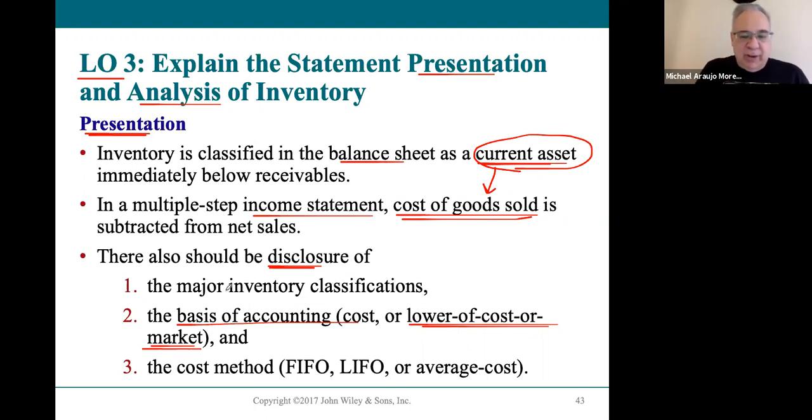For merchandisers, it's relatively easy. They also have to disclose in their financial statements, in their notes, what cost method they used. So the FIFO, LIFO, average cost that you just used in Learning Objective 2, they have to disclose that. And then the last thing they have to disclose is what basis of accounting they used to value their inventory. And so you're going to be learning about that today.